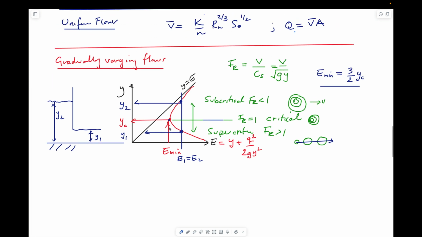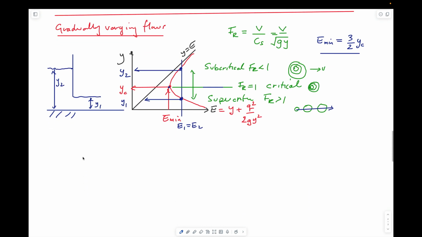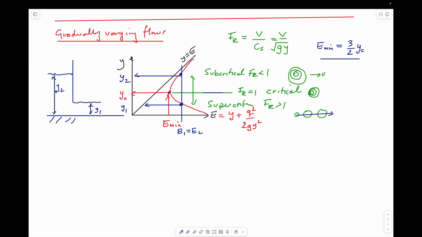And because a flow can organize itself with a free surface into a deep flow that flows slowly or a shallow flow that flows quickly, they both satisfy continuity, then the flow can either be subcritical or supercritical, depending on the flow regime.